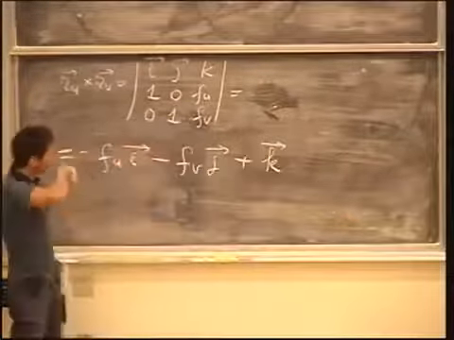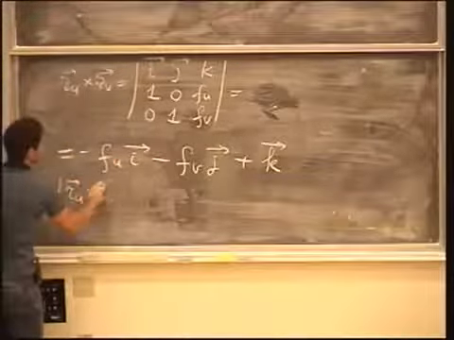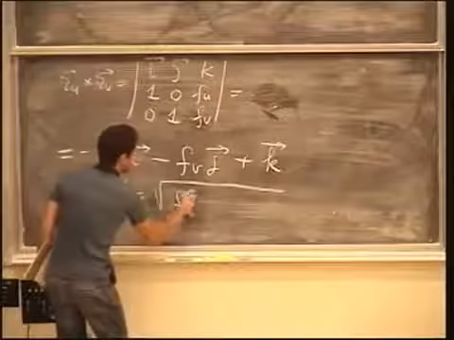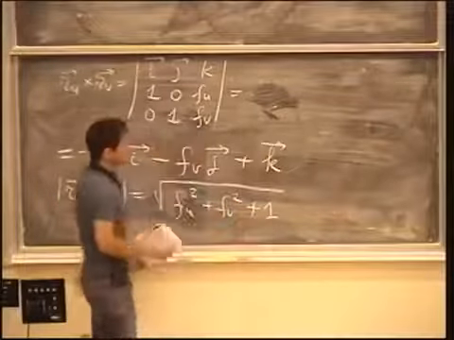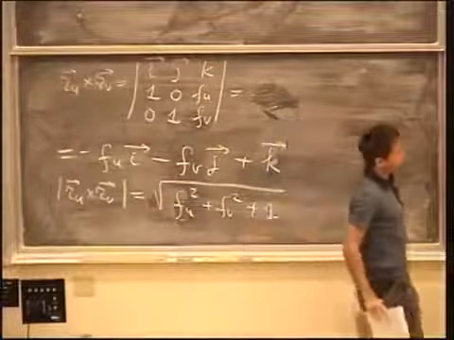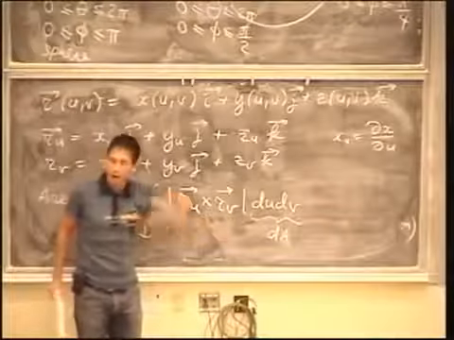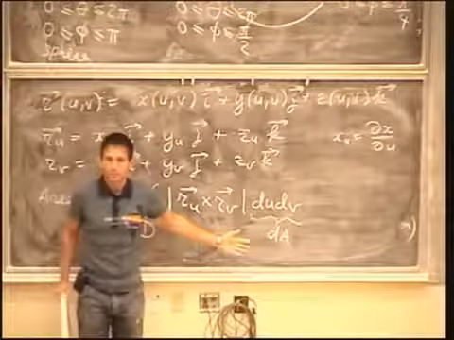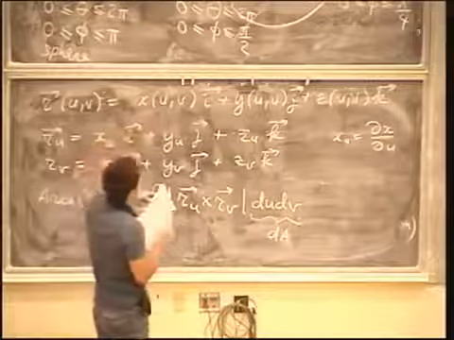And so its norm is the square root of f sub u squared plus f sub v squared plus 1. That's the function which, in this particular case, I would have to integrate over my flat domain, parameterizing my surface. And that would give me the surface area. So it's very straightforward.